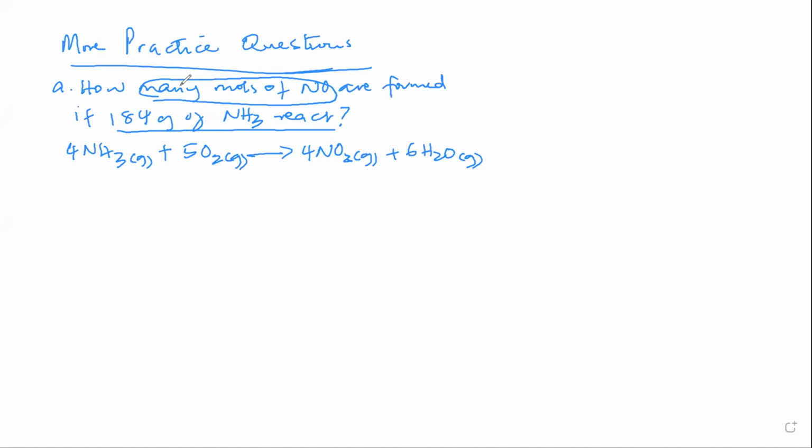So one substance to a different substance, it is a stoichiometry problem. We have to change this to moles, because we can't go directly from grams. Remember, mole is like a bridge.